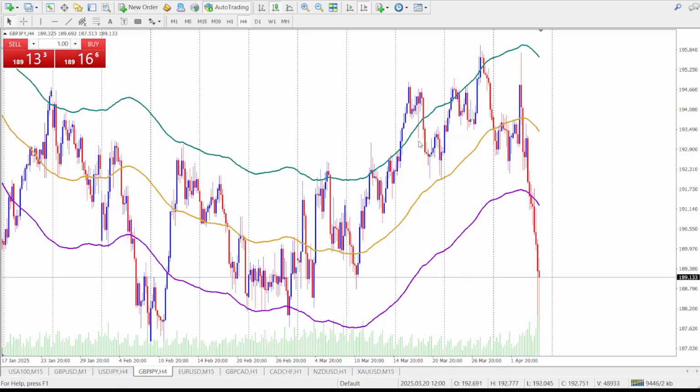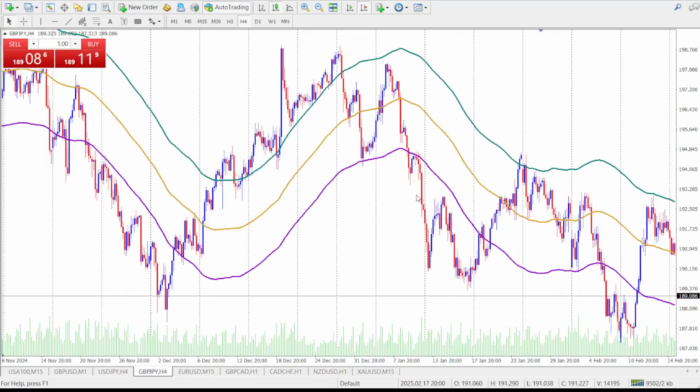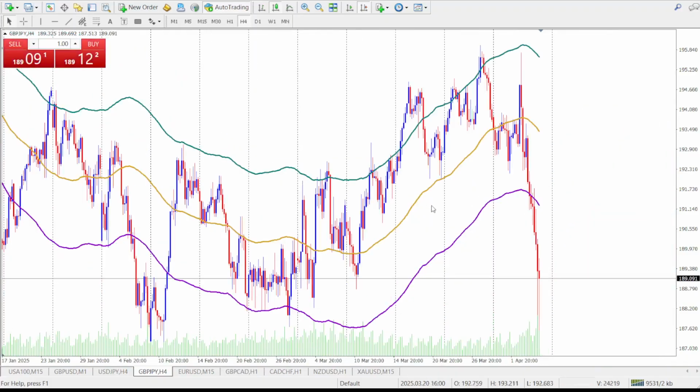So now that you know how the ATR bands work, let us talk about how you can use them in your trading strategy. For a buy signal, the first thing you want to do is wait for the price to swing down to the lower ATR band. This typically indicates that the price has fallen into a zone of lower volatility and a reversal could be imminent. Once the price hits the lower band, you watch for a price rejection.